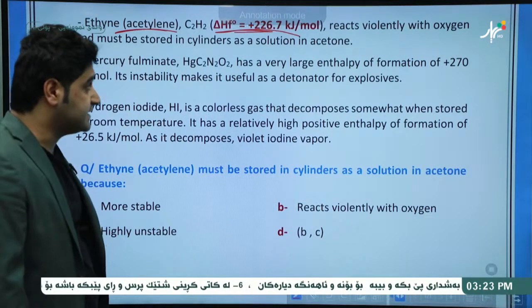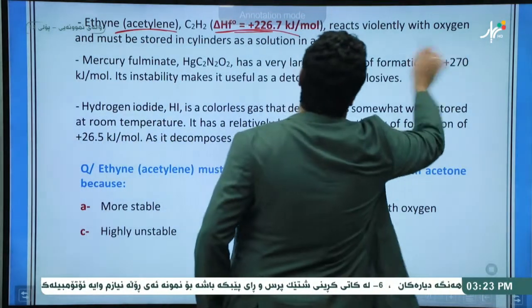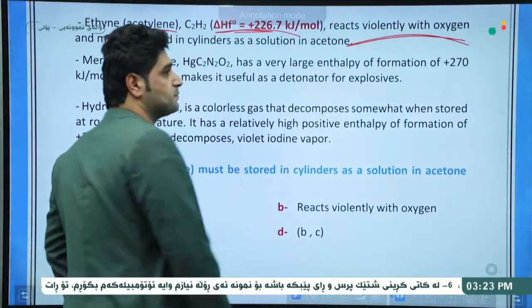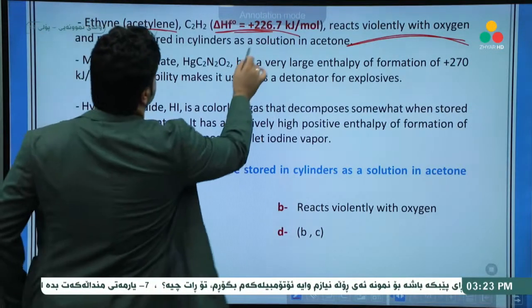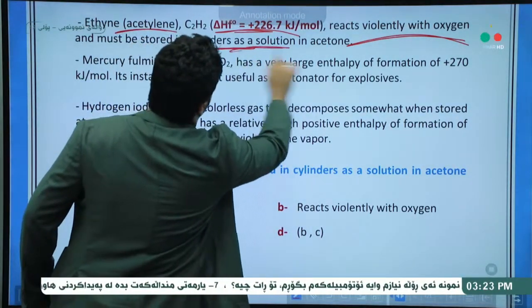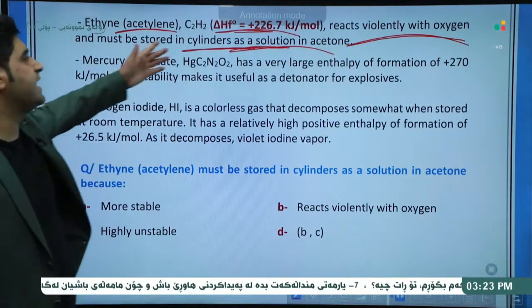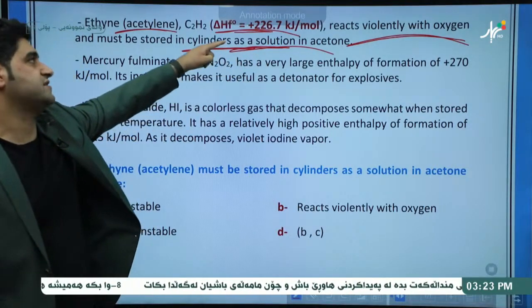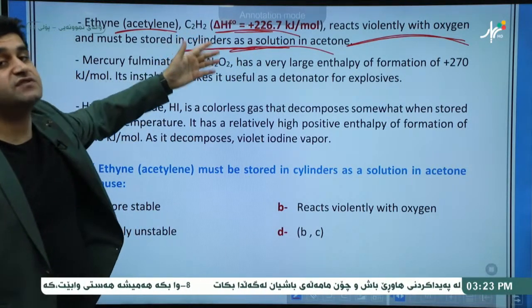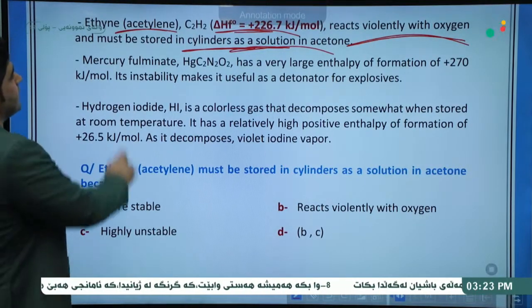It's very reactive and very unstable, so it can react with oxygen violently and very fast, just like an explosion. So it must be stored in a cylinder as a solution in acetone. Why do we keep acetylene in a cylinder containing acetone? Because it's very unstable due to its large enthalpy of formation.